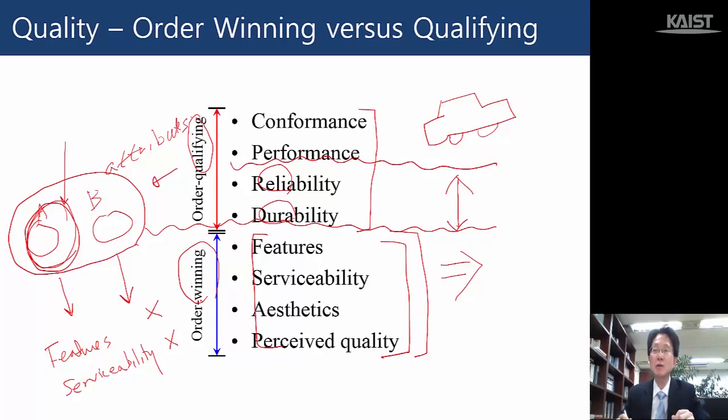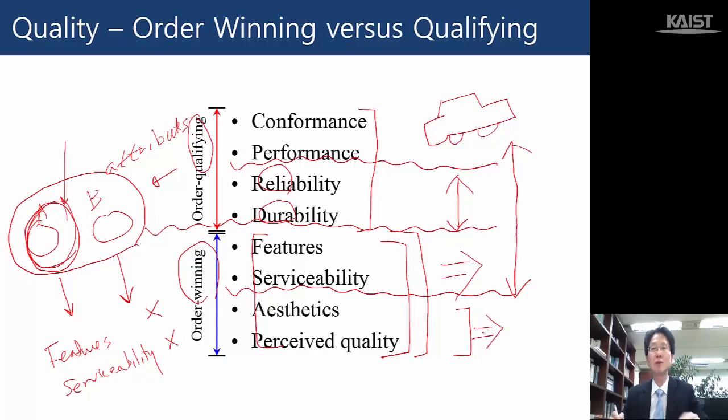Or sometimes in some pretty highly advanced market, very advanced market, we can imagine that even serviceability is just a part of the minimum requirement expected by the customer, and therefore you gotta try to differentiate your product and services with these two things: aesthetics and perceived quality.